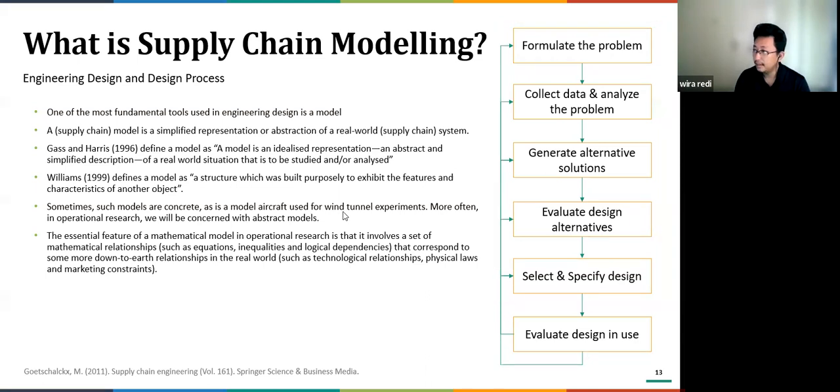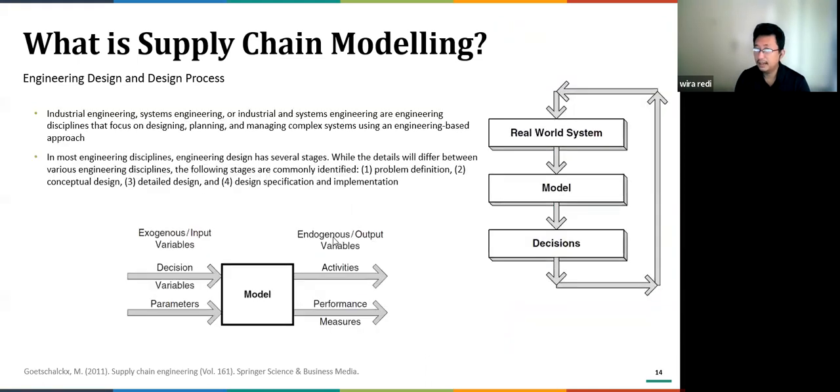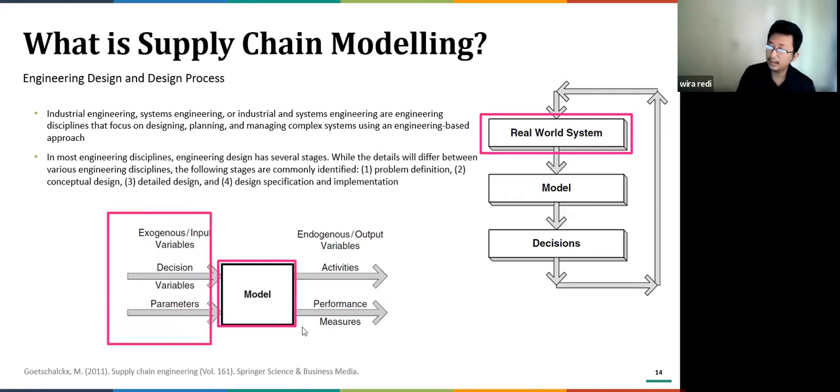Next, some more details. Models are a representation of a real world system. So our goal is to create a model that can represent how the real world system works. In order to have a good representation, you need good inputs.